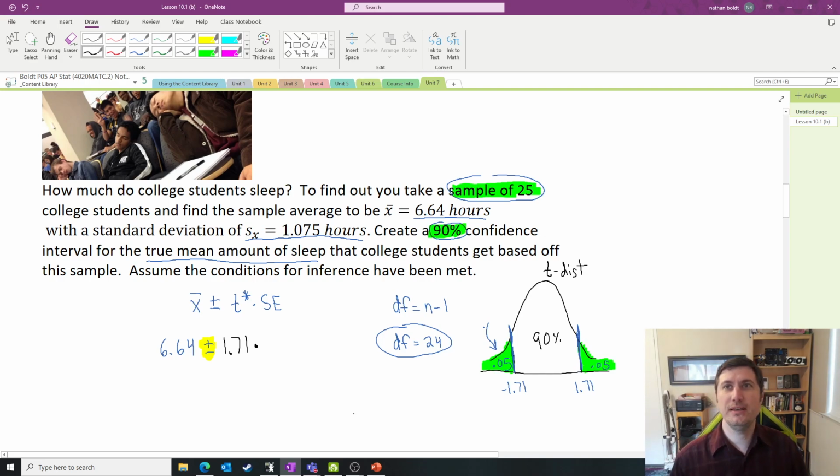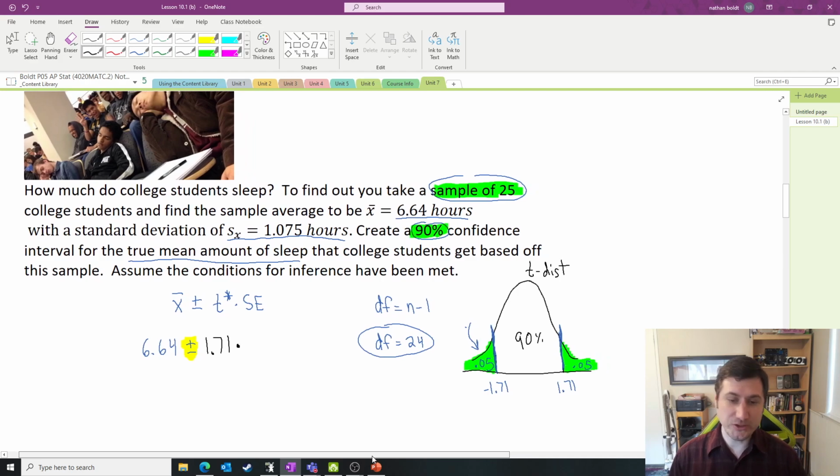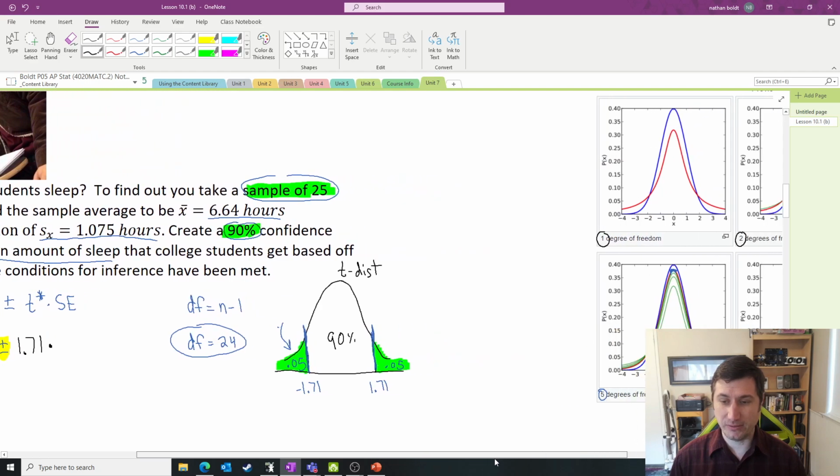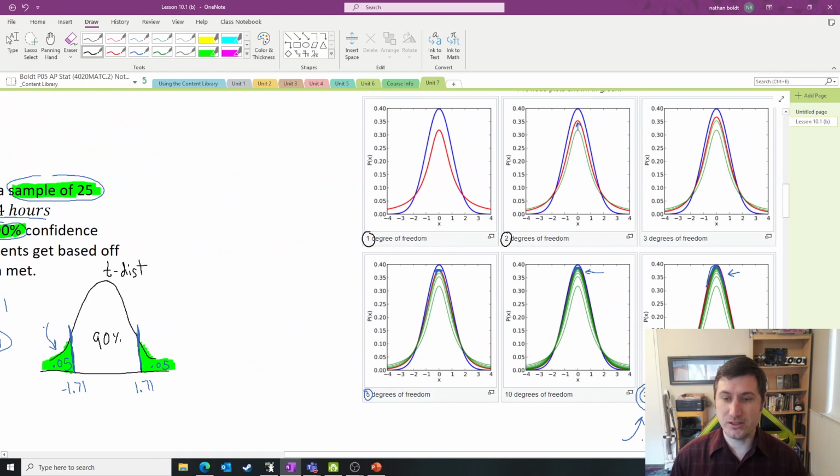Can I explain what the purpose of the degrees of freedom is? Essentially, in this case, kind of the sample size determines what this curve looks like. The t-distribution looks different depending on the sample size, whereas the normal distribution looks the same on all of these.